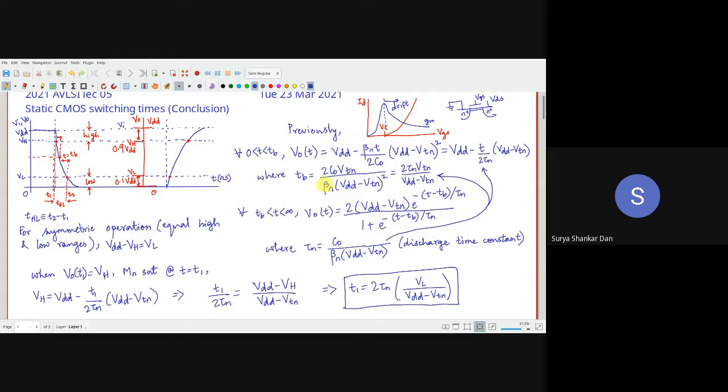I'm digressing a little bit so that you understand the difference between the analysis that we are doing and what industry propounds or promotes. One is the industrial standard, one is the theoretically accurate one. This is a very interesting concept, by the way. This is at the device level, this is at the circuit level.